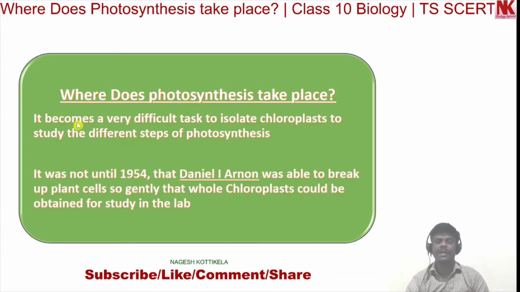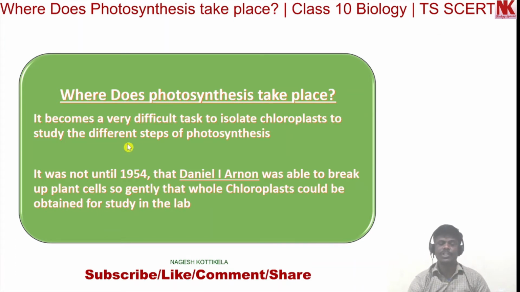It becomes a very difficult task to isolate chloroplasts to study the different steps of photosynthesis. This is because when a cell is ruptured to isolate chloroplasts from within the cell, there is a possibility that cell organelles also get ruptured. So it is a difficult task to isolate the organelles from the cell.